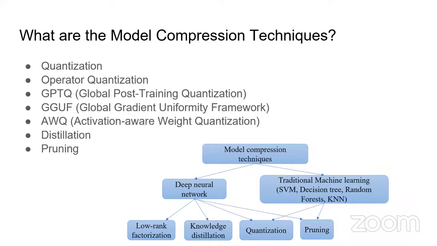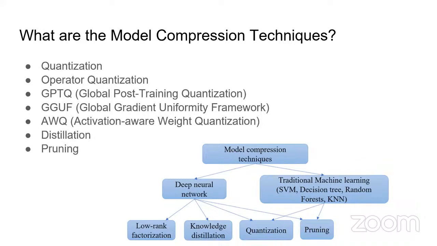It is a newer method which focuses on preserving the gradient uniformity during compression to maintain the model accuracy. Then there is AWQ, which is Activation-Aware Weight Quantization. This considers the activations when quantizing weights, leading to more accurate compressed models.